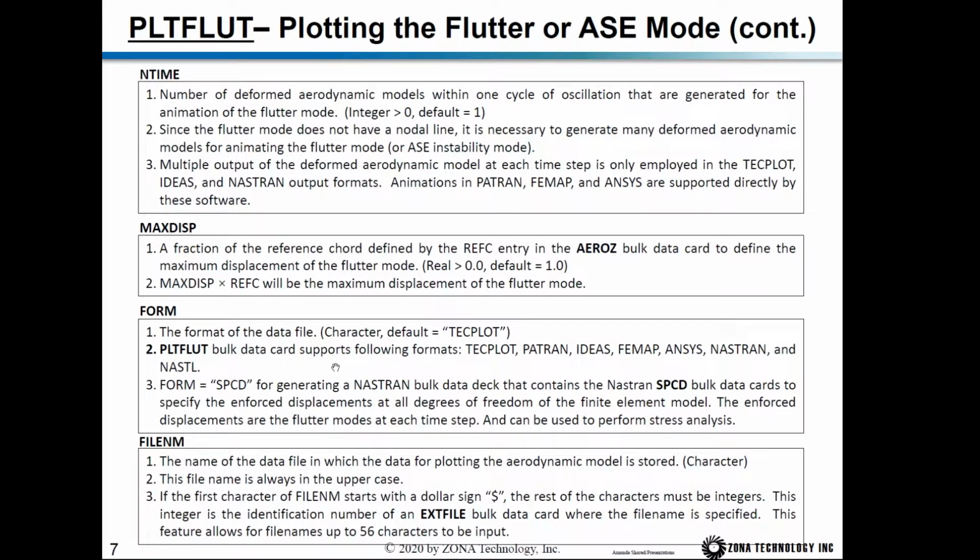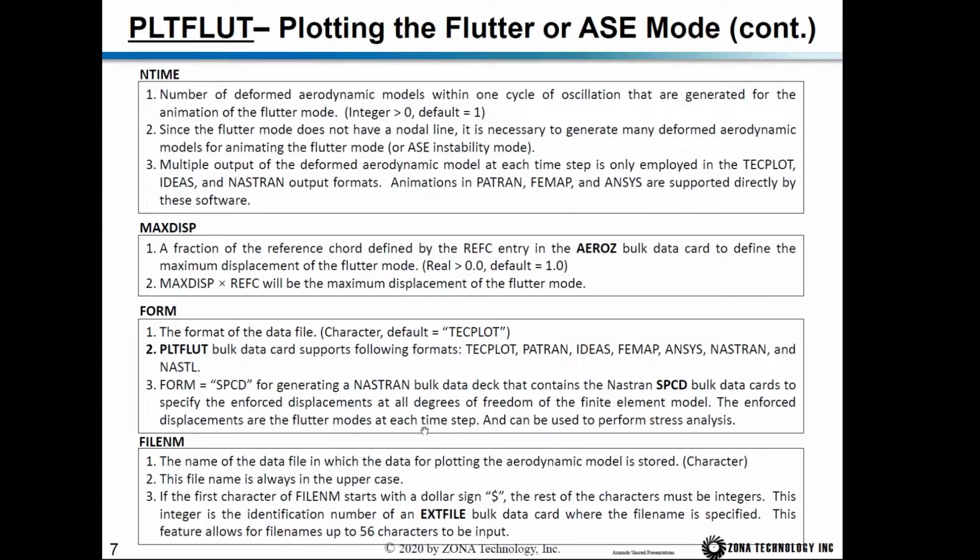And also we have a new option here. It's called SPCD. This one does not generate a flutter mode animation. It generates a natural Bogota class that contains the SPCD cards to specify the enforced displacement at all degrees of freedom of the finite element model. So you can plug in this set of SPCD cards at each time step.